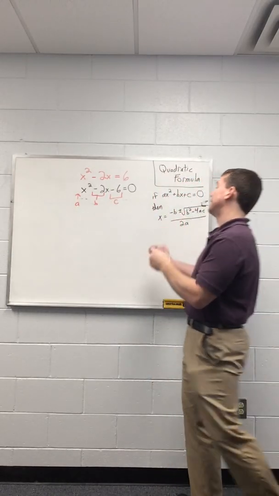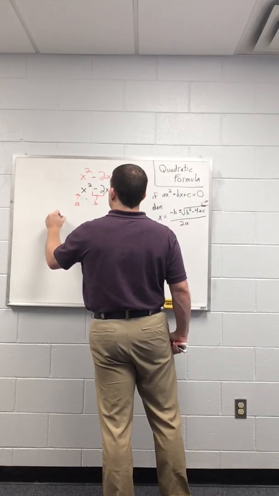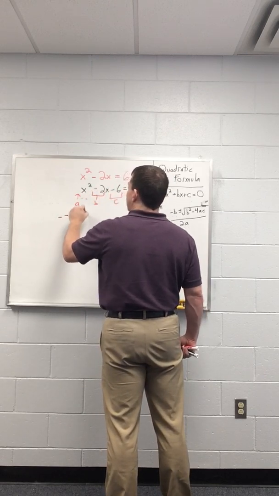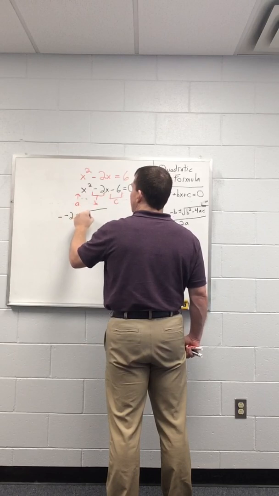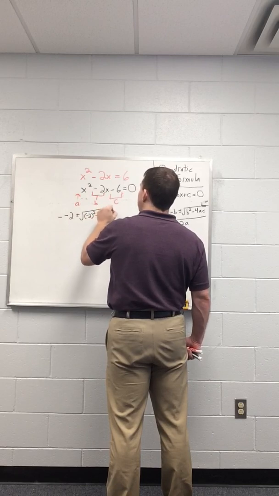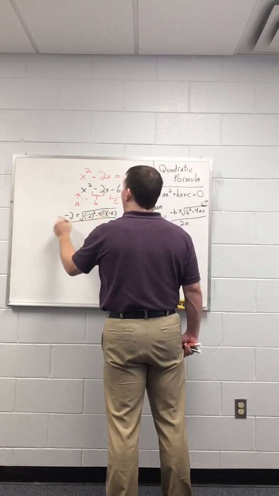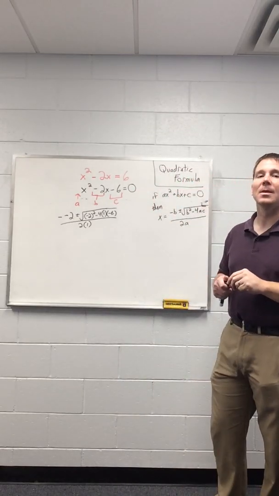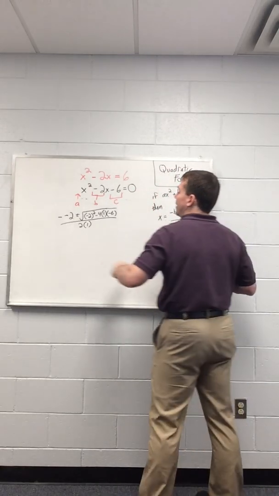And now I plug in, and I get, let's see, negative negative 2, which is 2, plus or minus the square root of negative 2 squared minus 4 times a, which is 1, times c, which is negative 6, all over 2 times a, which is 1. Now simplify that.